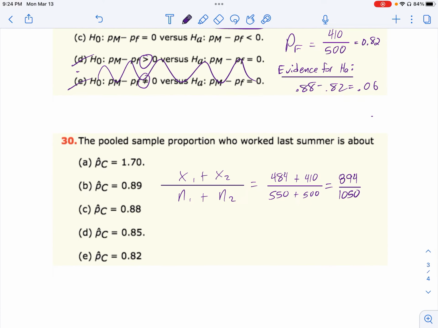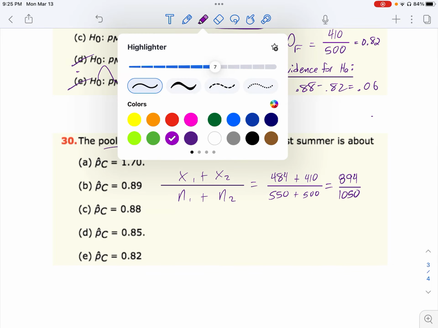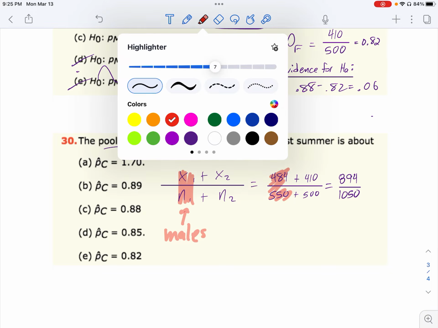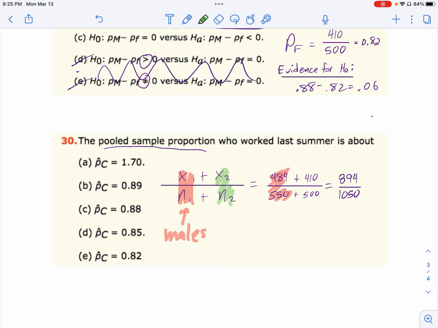C, they want you to just find the pooled sample proportion, which we've been doing. So like this first part would be the males, and that's these numbers right here. And the second part, X2 and N2, would be the females, which is that part right there. So you just add them up and combine them.